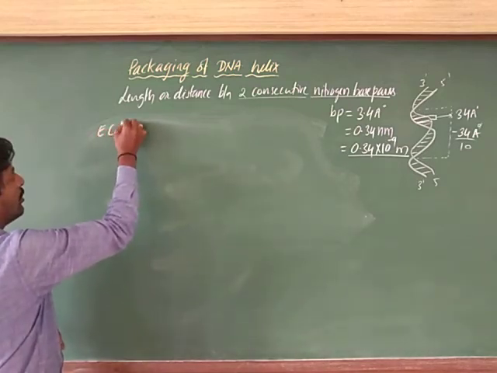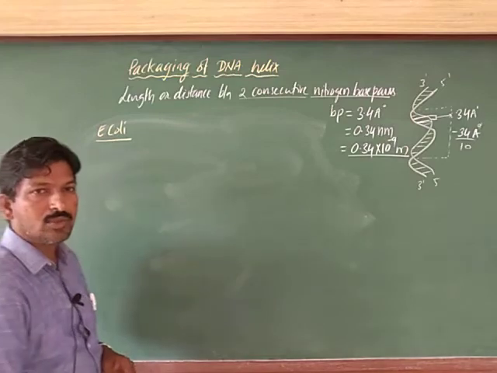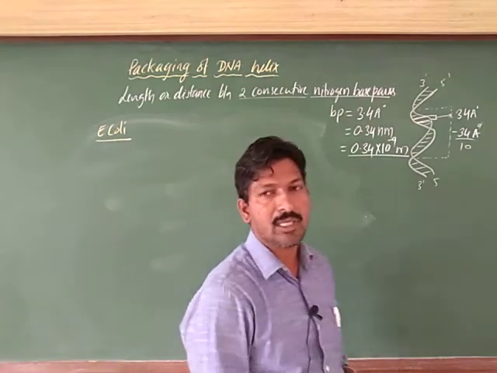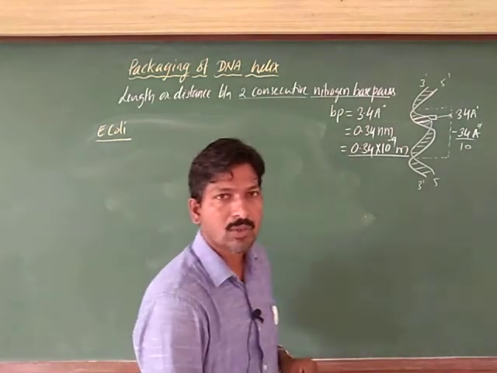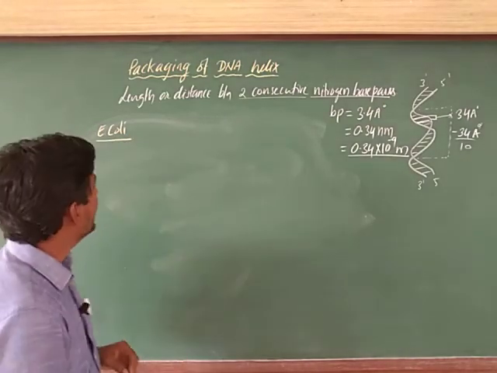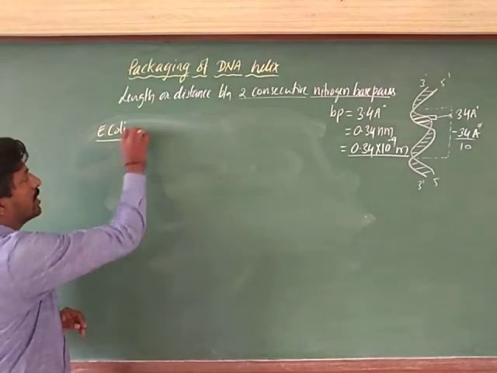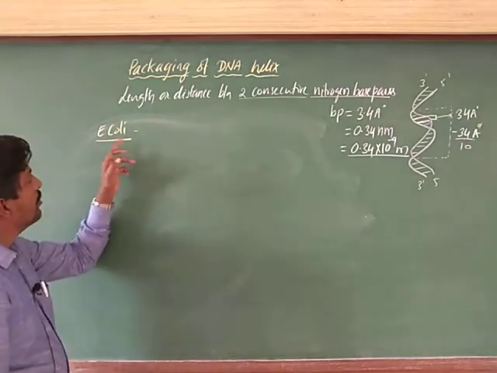E. coli, as you know, Escherichia coli is the bacteria which is found in the colon. Colon means the digestive tract, the large intestine part. So, that is where E. coli bacteria will be there.